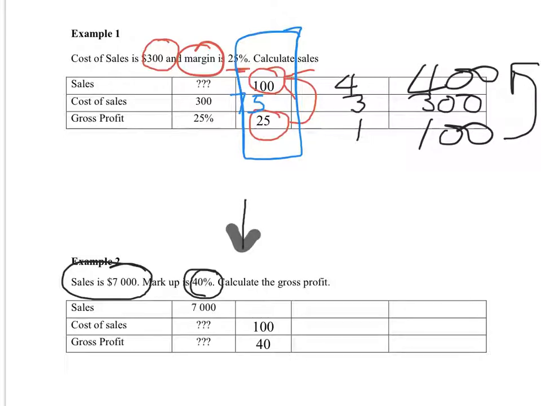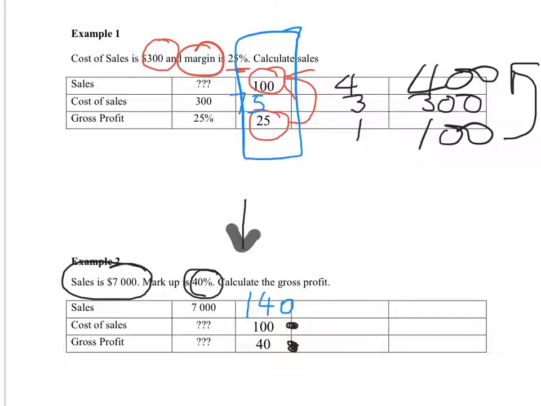So it's really important to find cost of sales if sales is given, because cost of sales then enables you to make another breakthrough. So if the markup is 40%, as you've been shown previously, the markup is 40% of the cost price, which means that in completing this table, sales has to be equivalent to 140, because sales less cost of sales is gross profit.